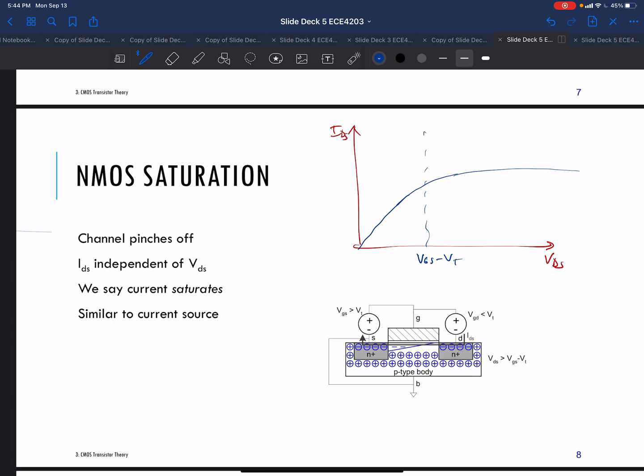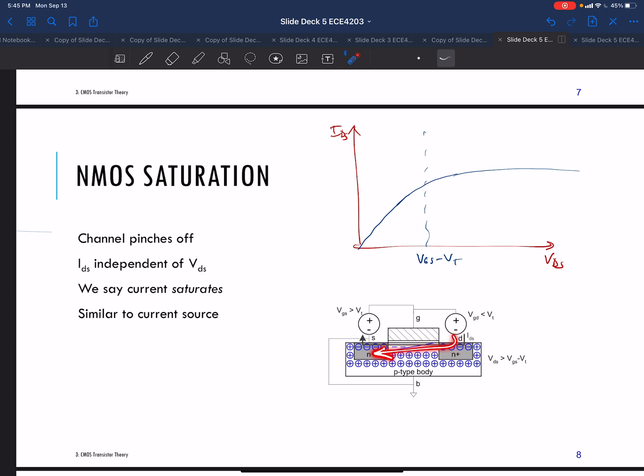This channel pinches off, meaning there is no channel on this side. Meaning that as you increase the drain voltage, you still get the current flowing. Sorry, I keep drawing the direction of the current wrong.